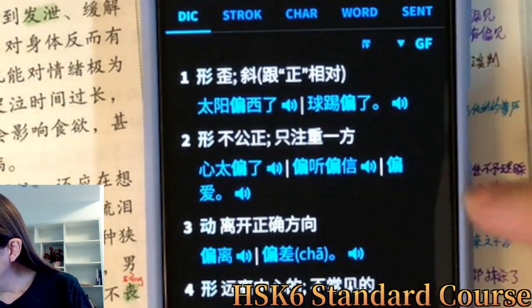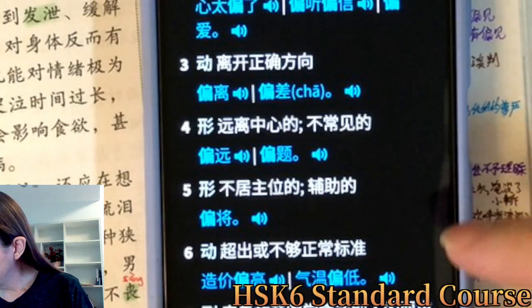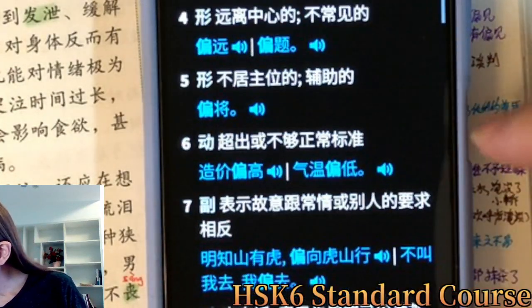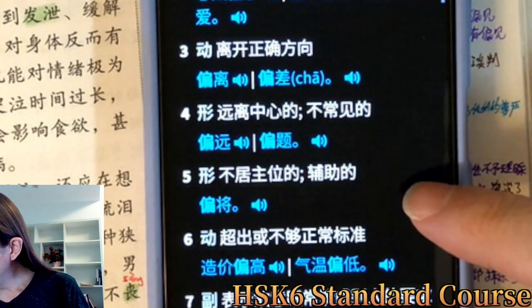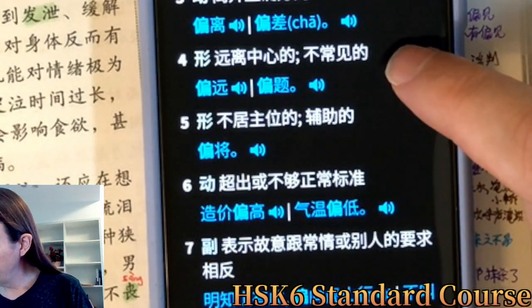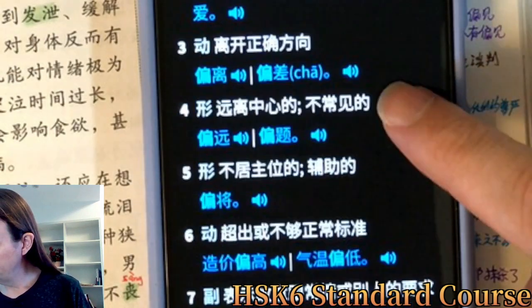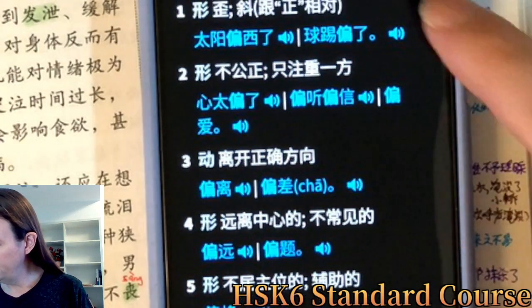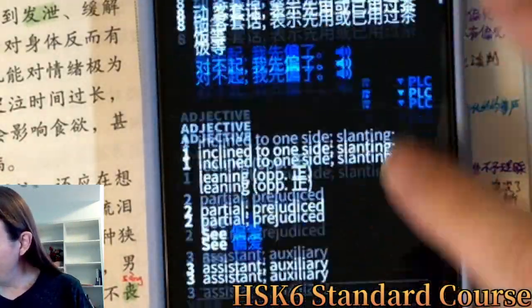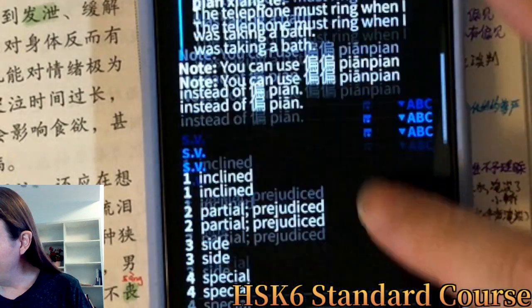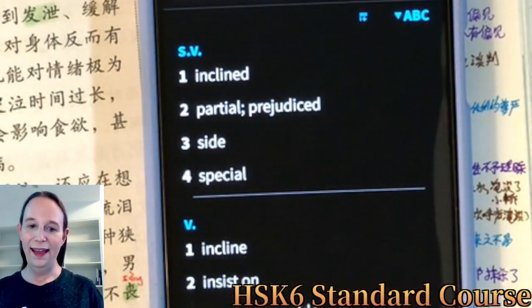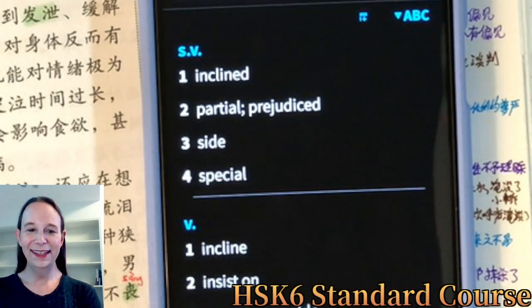偏见, do you see it? Anyway, where is incomplete then? This one? 偏 can mean partial in the sense of incomplete. Or maybe this is just my usage.